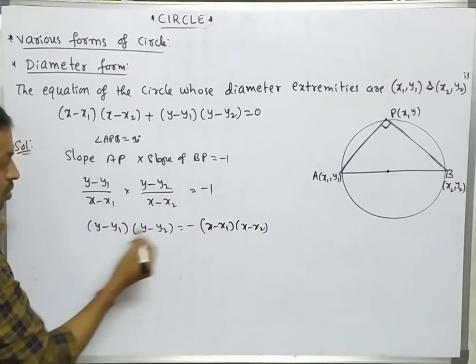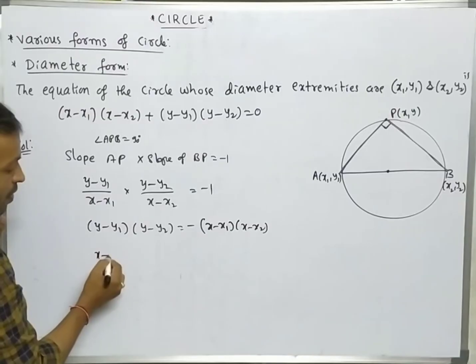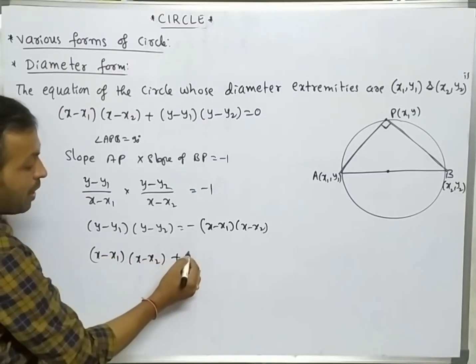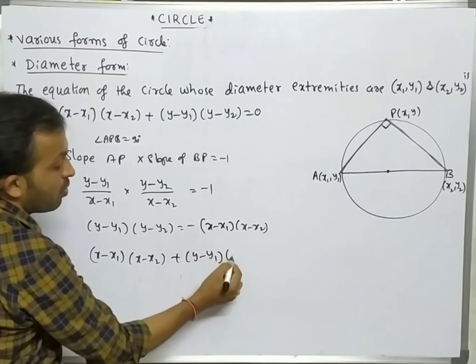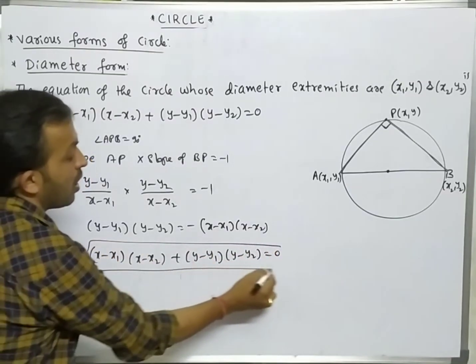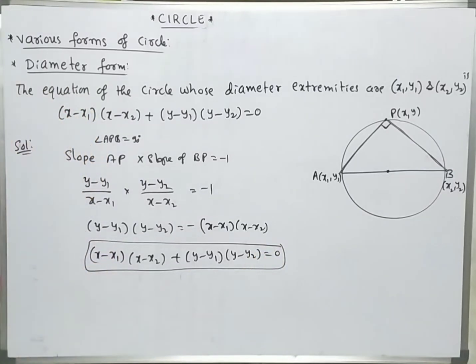Then bring that term to the left side, then we will get (x minus x1)(x minus x2) plus (y minus y1)(y minus y2) is equal to 0. So this is the equation of the circle when the extremities, end points of diameter, are given.